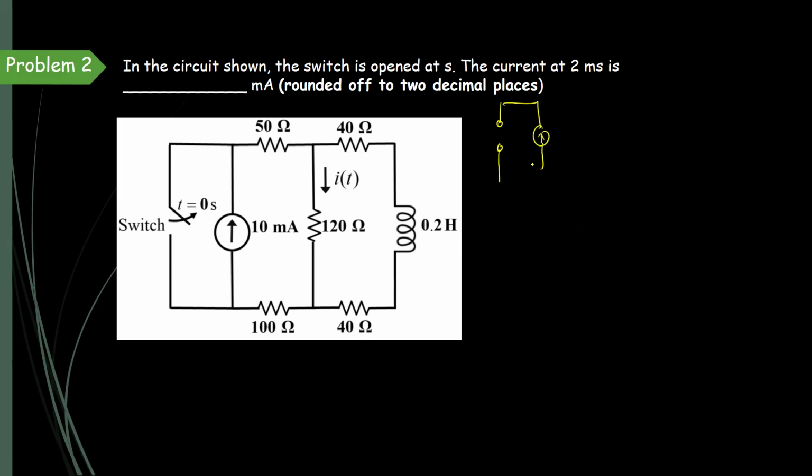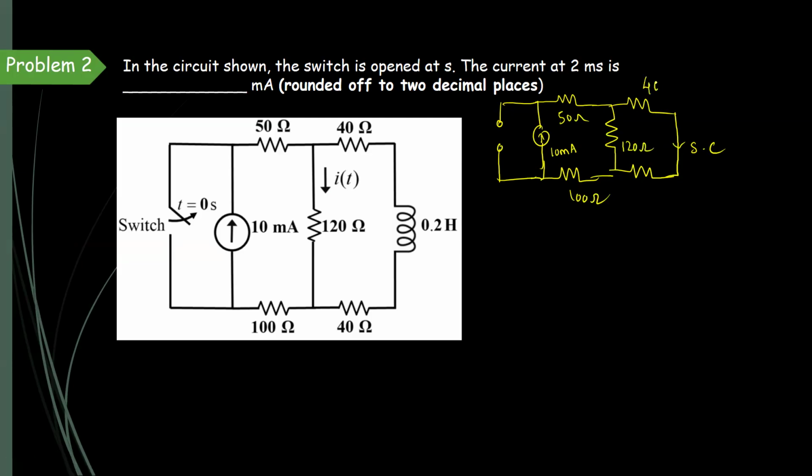Current source, and then the resistance, and here 120 ohms, again two resistances. Here L should be short circuited at the final condition. This is short circuited. We can mark the values: 100 ohms, 120 ohms, 40 ohms and 40 ohms.